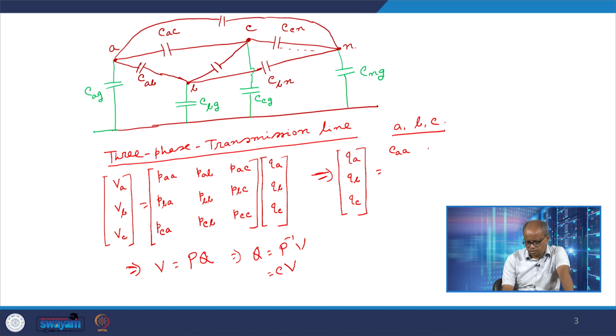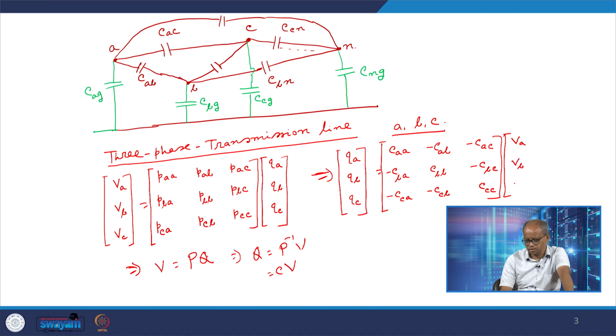So it would be CAA, minus CAB, minus CAC, then minus CBA, then CBB, minus CBC, and then minus CCA, minus CCB, CCC, and then of course that is times VA, VB, VC.